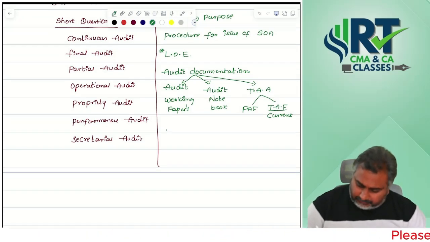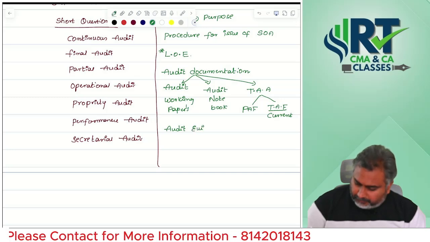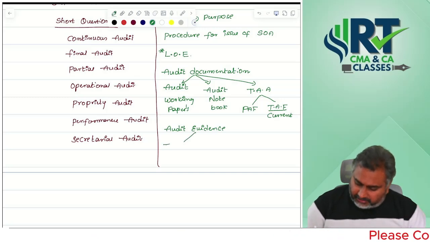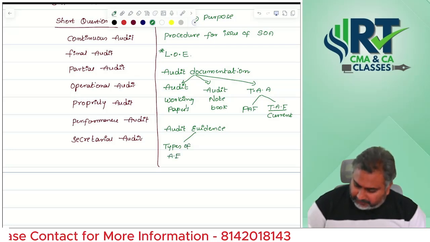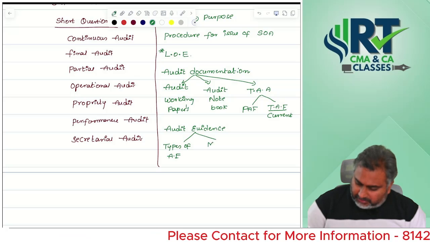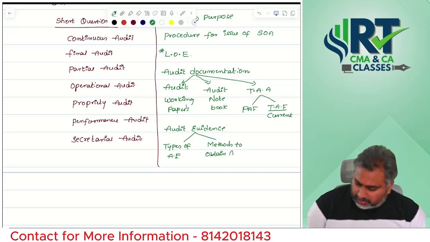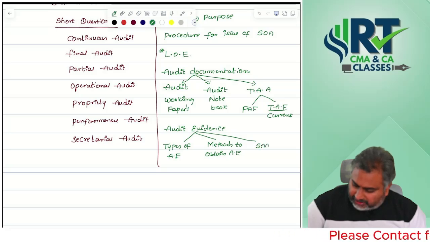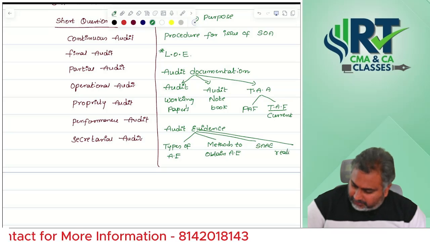Next, audit evidence. Under that, learn the types of audit evidence, methods to obtain audit evidence, the meaning of sufficient and appropriate audit evidence, then reliability.